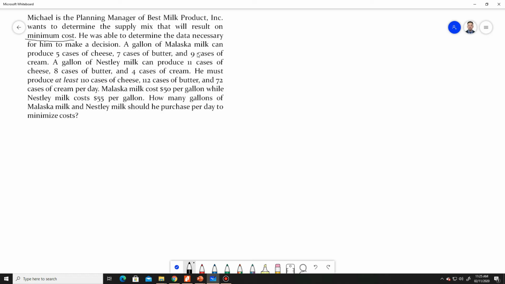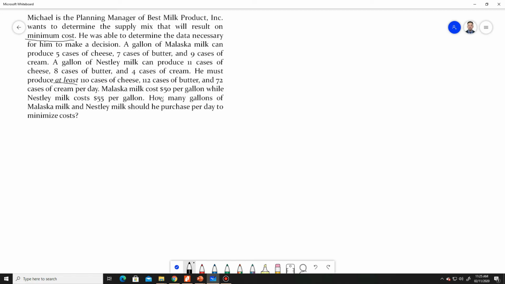A gallon of Alaska milk can produce 5 cases of cheese, 7 cases of butter, and 9 cases of cream, while a gallon of Nestle milk can produce 11 cases of cheese, 8 cases of butter, and 4 cases of cream. He must produce at least 110 cases of cheese, take note, we have the words at least, 112 cases of butter, and 72 cases of cream per day.